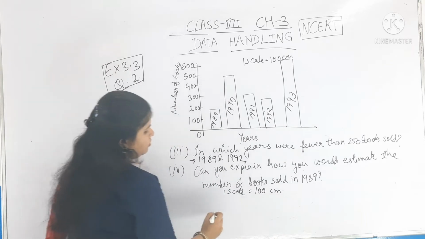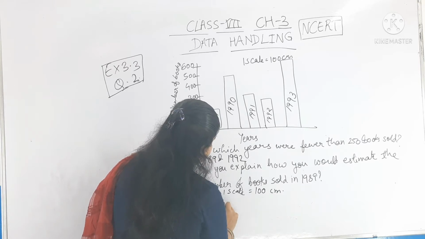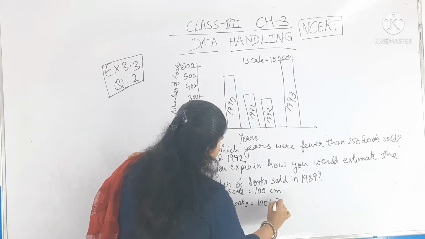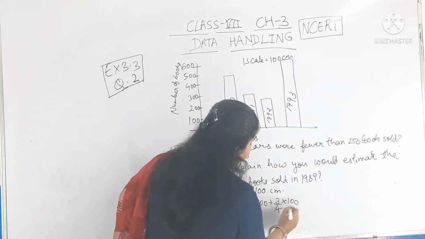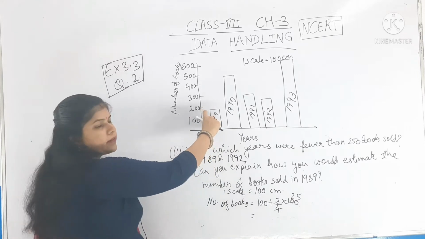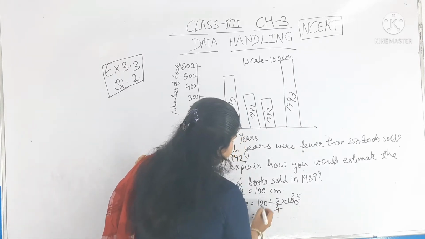So here you have to calculate the number of books, which is equal to 100 plus 3 by 4 into 100. Okay, so here 4 ones are 4, 4 twenty-fives are 100. This is the 3/4 part, therefore I have written 3 by 4.